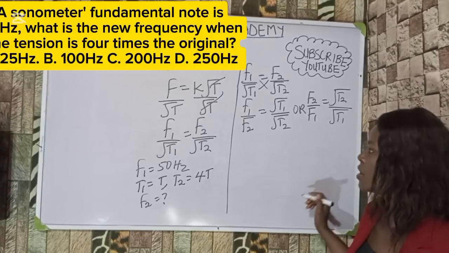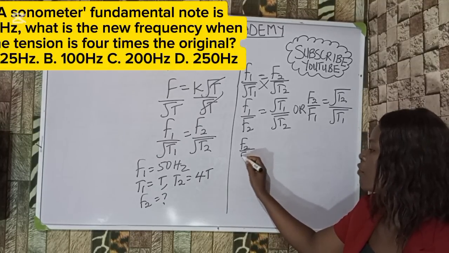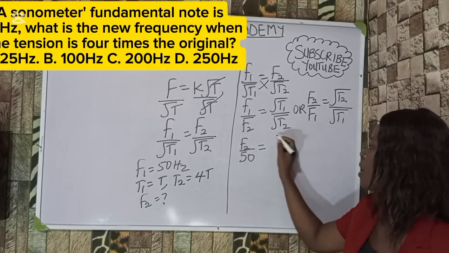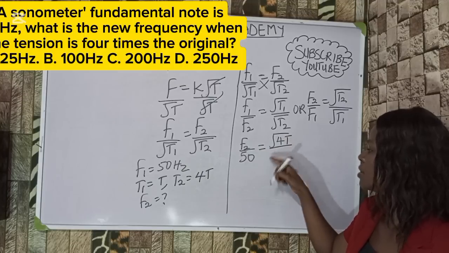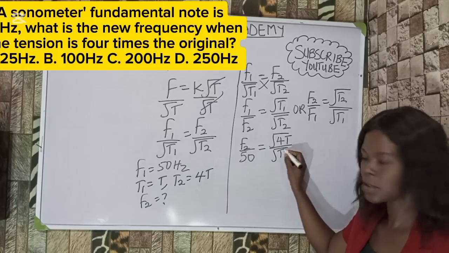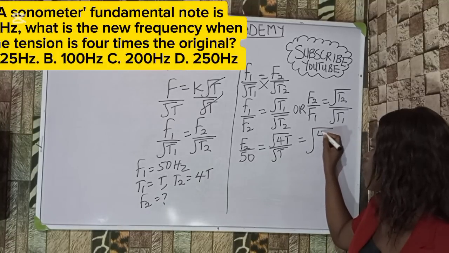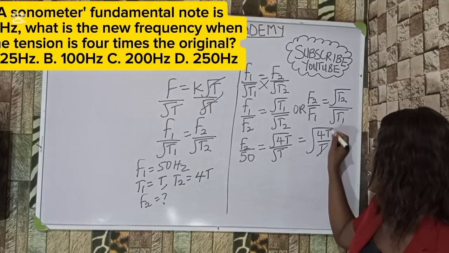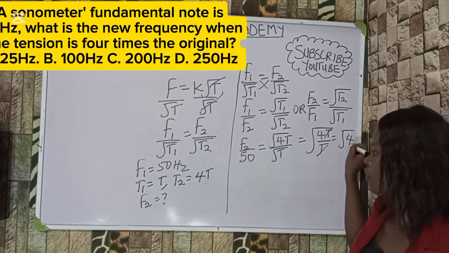They are still correct. Now what is my F2? That is what I'm looking for. Over my F1, which is 50, is equal to root of T2, which is 4T, over root of T1, which is T. Now T cancels, and we are left with root of 4.